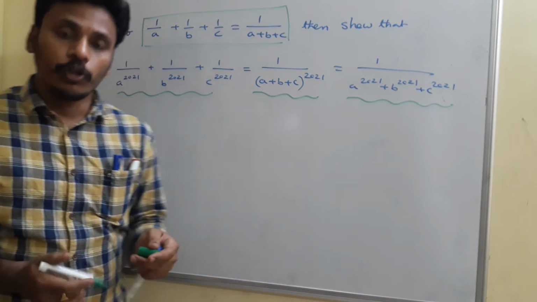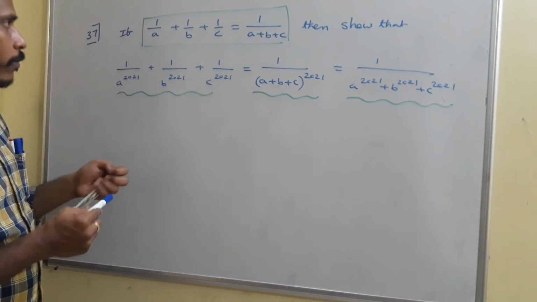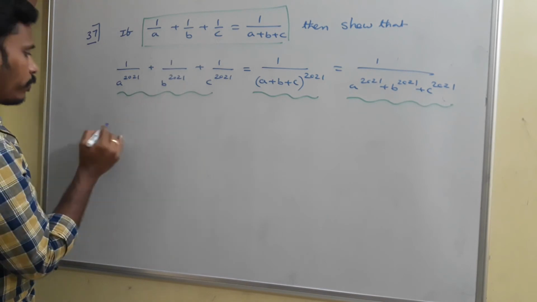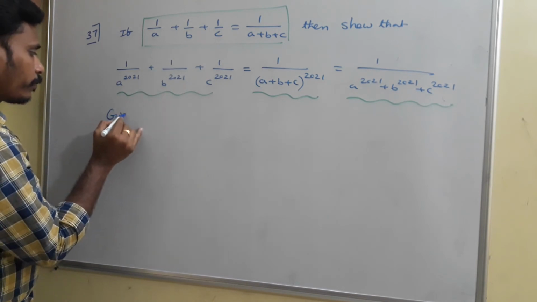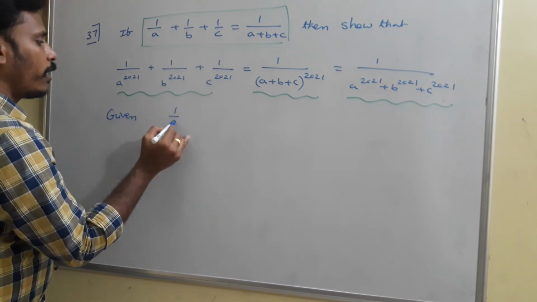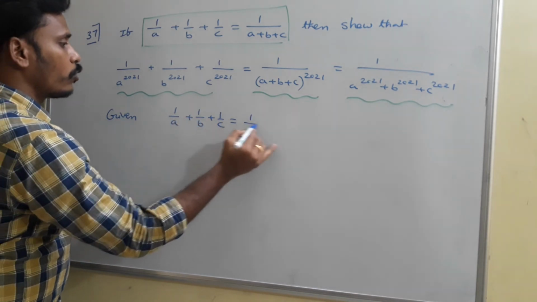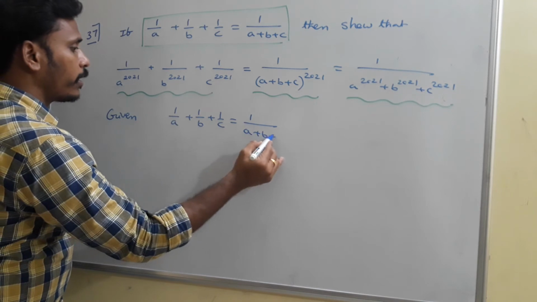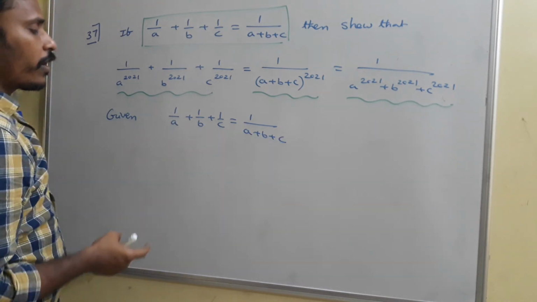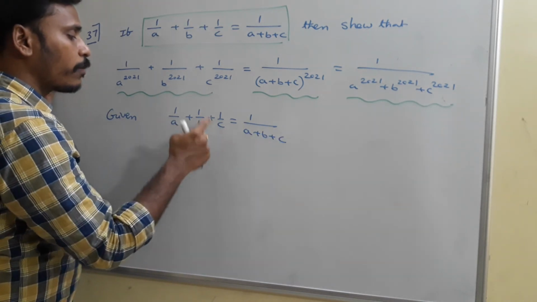How to show it? For that you do one thing. You just start with this given relation. Given 1 by a plus 1 by b plus 1 by c is equal to 1 by a plus b plus c. For simplification, you just send any one of these three terms to that side.